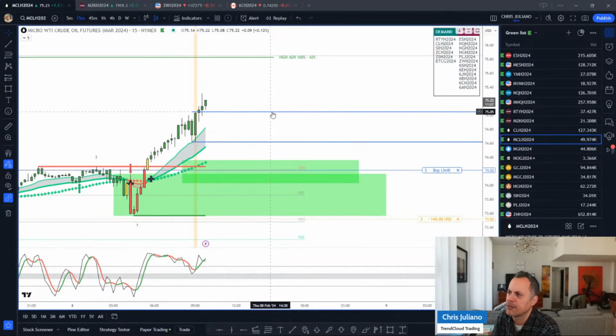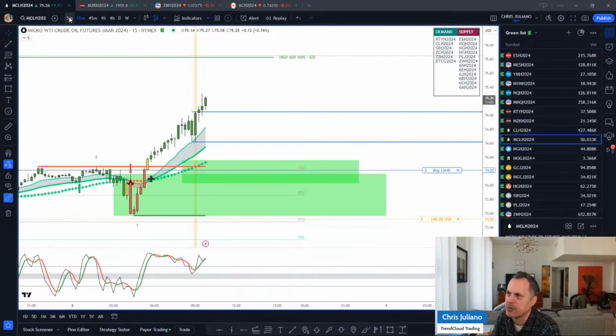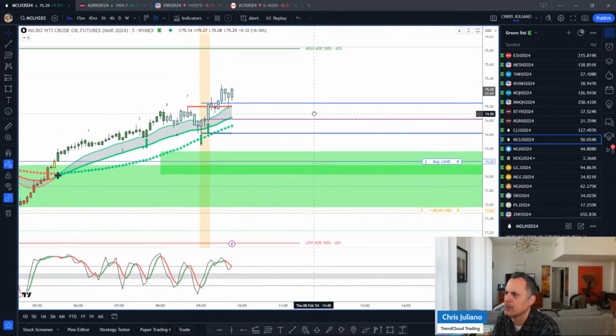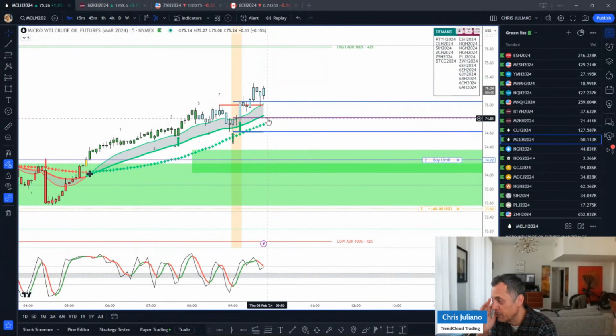Okay, it is showing the 15-minute because that's the chart we're on. If we drop down to the 5, and this area here, because we are extended, we're expecting this to pull below that 50 simple. So you see how we're putting everything together that we learned?